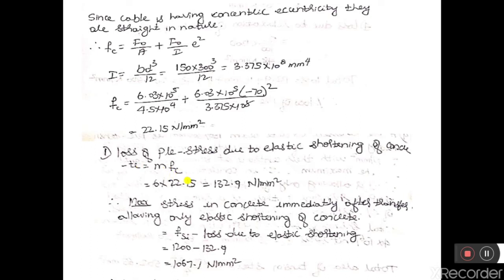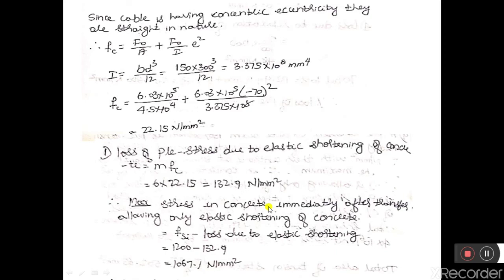If it was a post-tensioned cable, then it would be half into m Fc, or it would be 0. So m is the modular ratio we calculated in the first step, that is 6, and Fc we calculated in the previous step, 22.15.